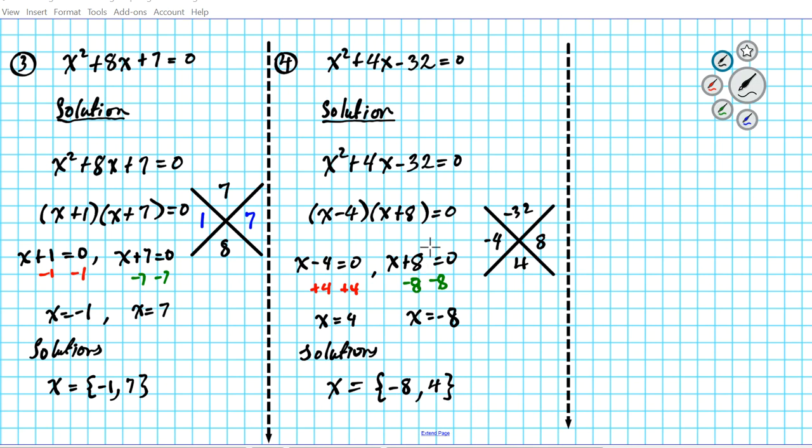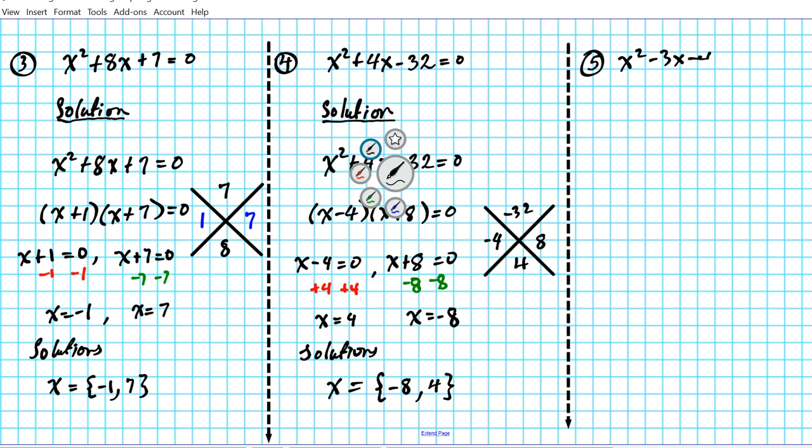Alrighty, let's move right along. Let's take a look at problem number 5. Alright, so problem number 5 is pretty interesting. Let's take a look at that. So number 5, what if we have the quadratic trinomial given by x squared minus 3x minus 10 equals 0.